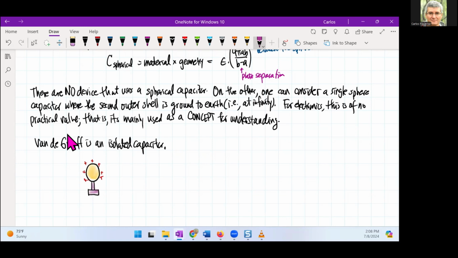So what you're seeing here is that I could imagine that this is A, and then I have a second shell. And the second shell could be at infinity.